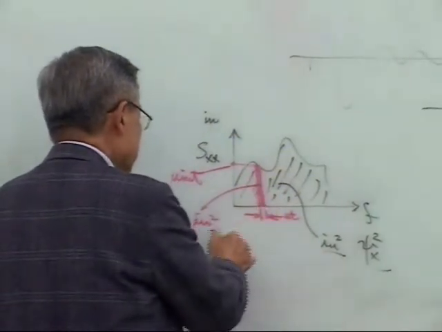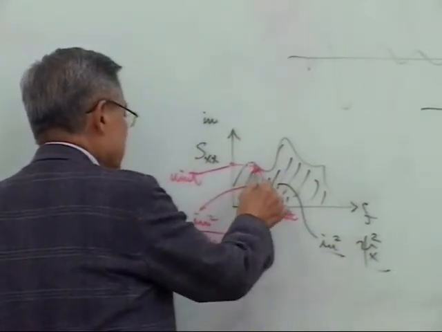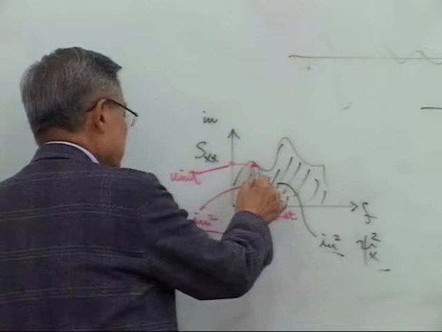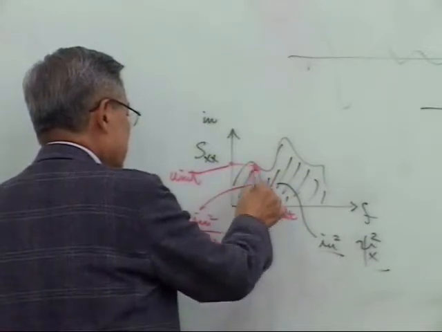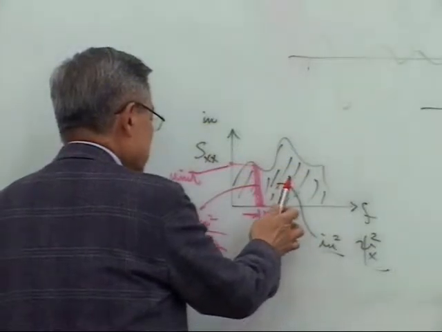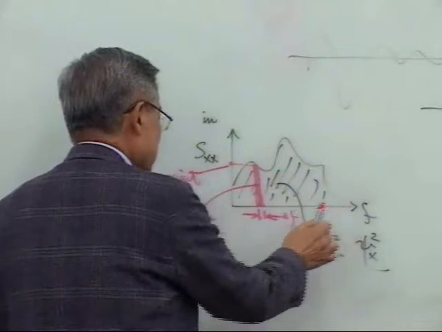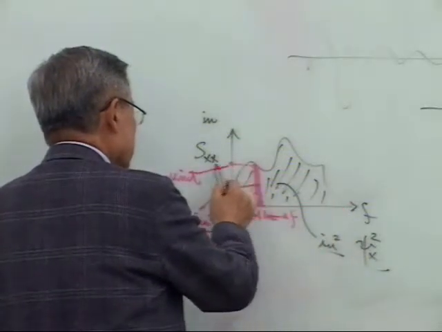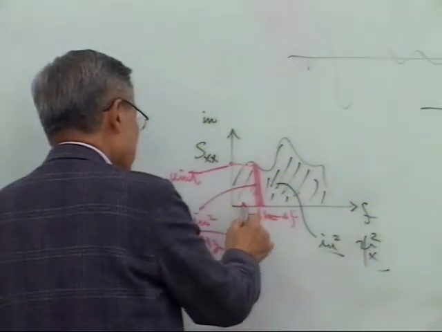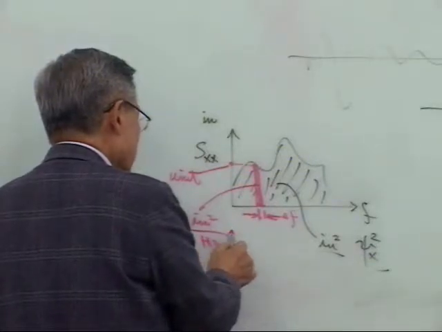So area divided by hertz. This is not delta, it's delta F, right? So the magnitude here should be inch square divided by hertz.